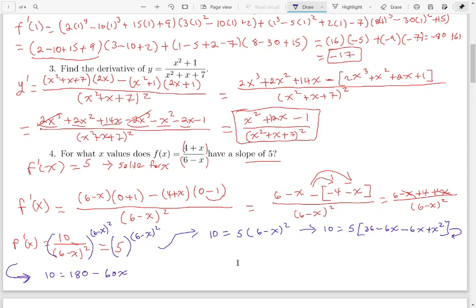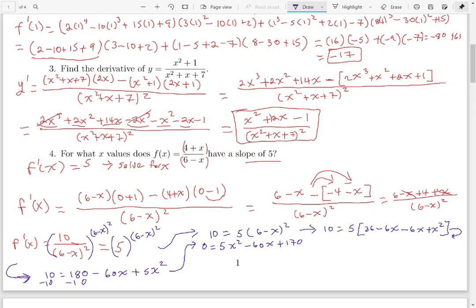And then 5 times x squared is plus 5x squared. At this point, we need to put everything on one side, and I'm going to do a rearrangement. Subtract 10 from both sides. And then that's going to give me 0 is equal to 5x squared minus 60x plus 170.